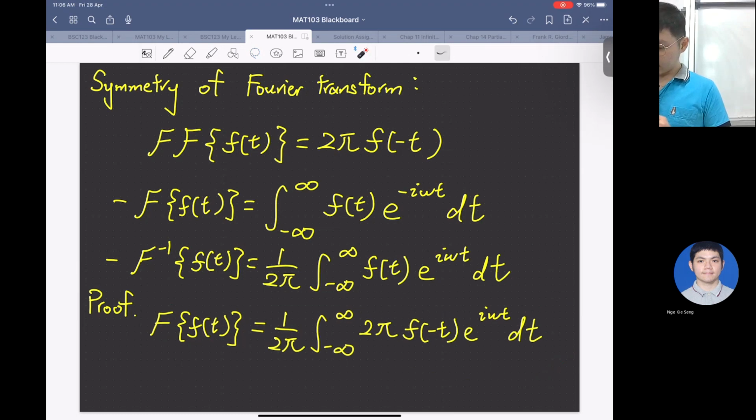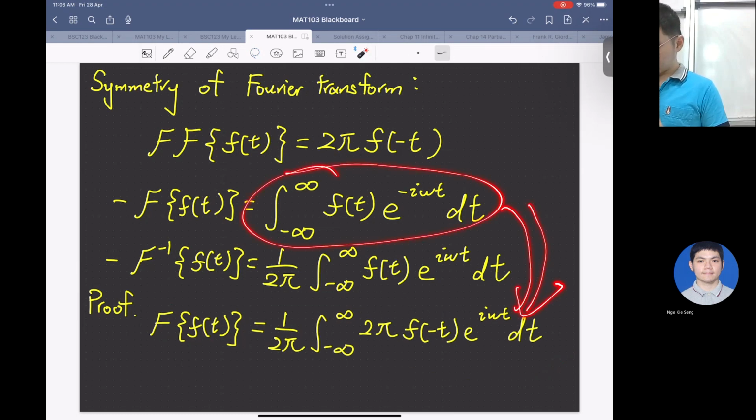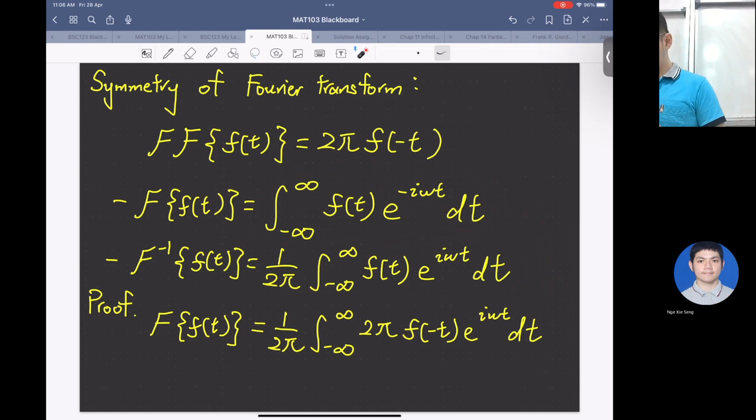What I did from here to here is change variable from t to minus t. If you change t to minus t, the integration domain changes, but you introduce a minus sign, so you swap back the integral domain. Correct. Anyone? Any question? No? Okay.